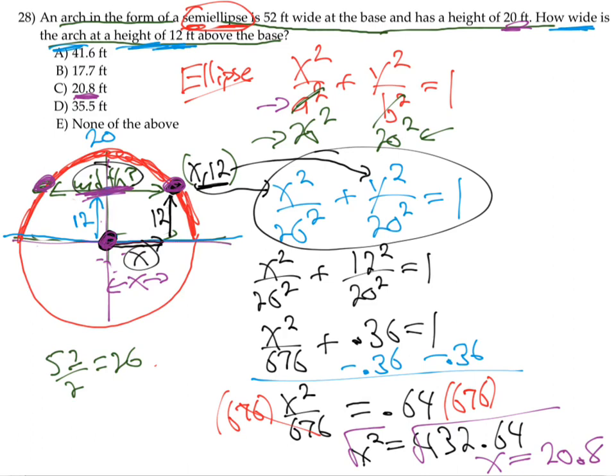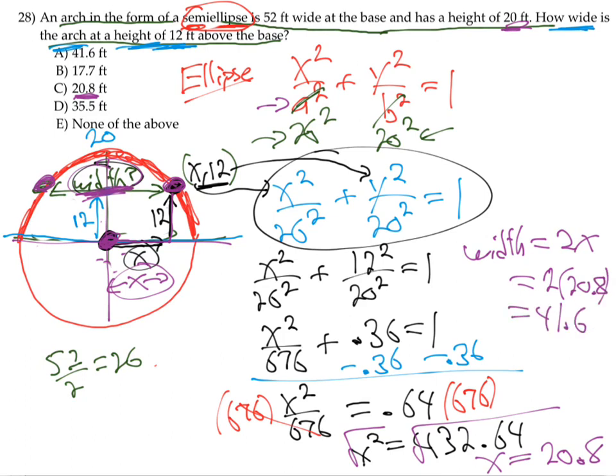From the middle, over is x, up is 12. So x is only half of the width. So then the width is 2 times x, is 2 times 20.8, is 41.6. The answer is A. There it is. I hope that helps.